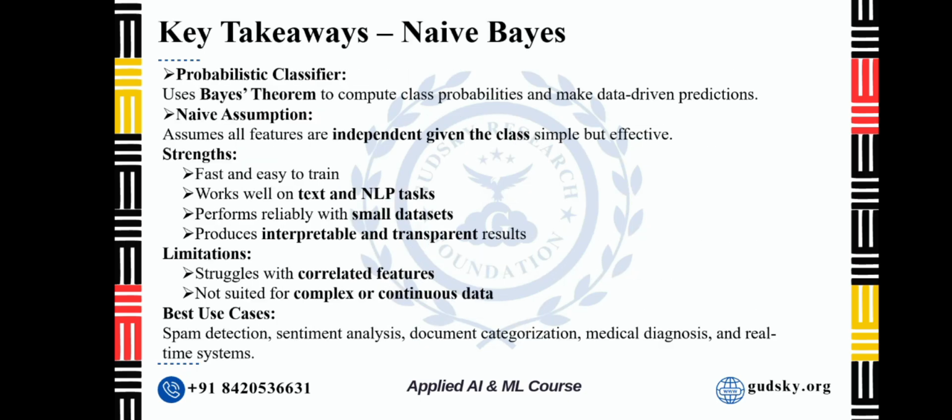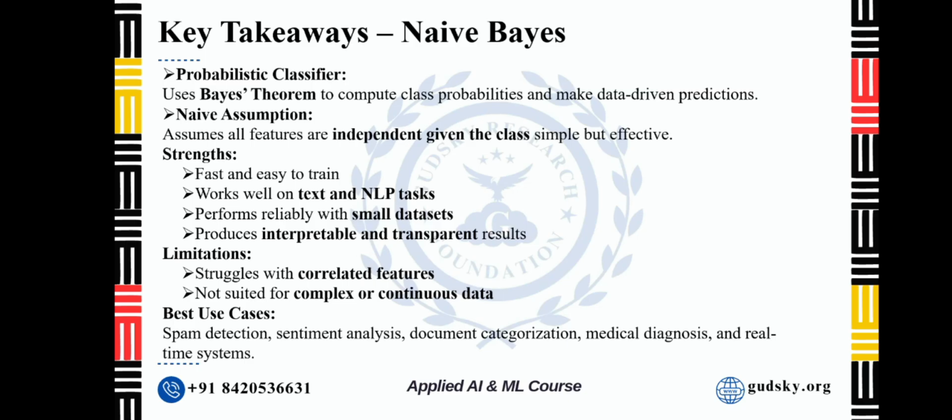So, finally, here are the key takeaways you should remember. It's a probabilistic classifier, meaning it uses Bayes theorem to compute class probabilities and make data driven predictions. The naive assumption is that all features are independent given the class, simple but effective.